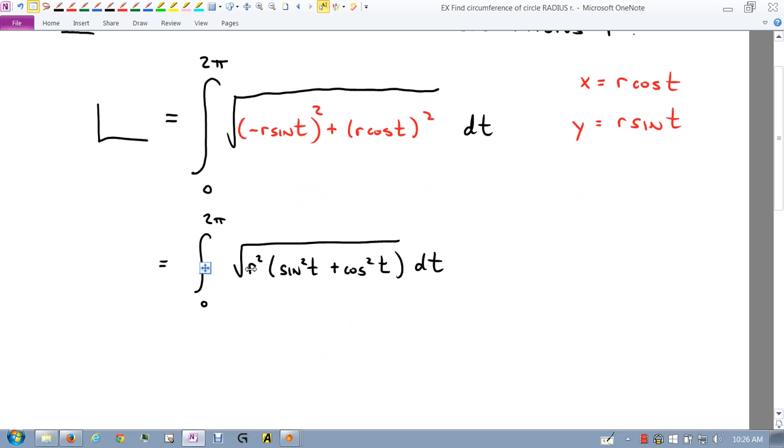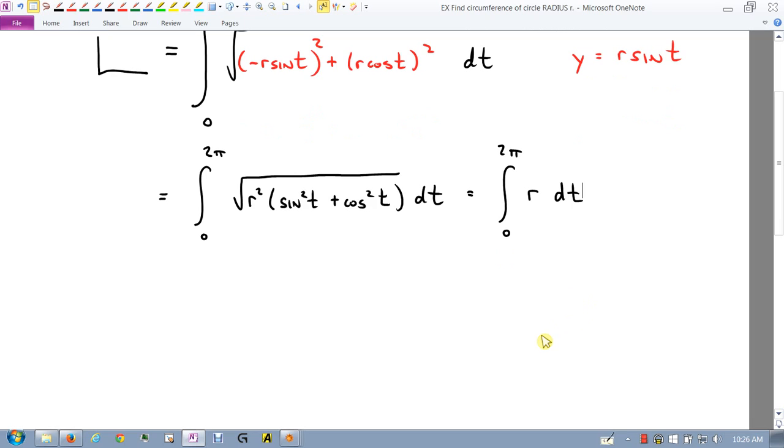So this turns out to be the square root of r squared, which is just r. Man, that's nice. It's the antiderivative of r with respect to t, rt, from 0 to 2 pi. Plug in 2 pi, 2 pi r. Plug in 0, 0. 2 pi r. Isn't that the circumference of a circle?